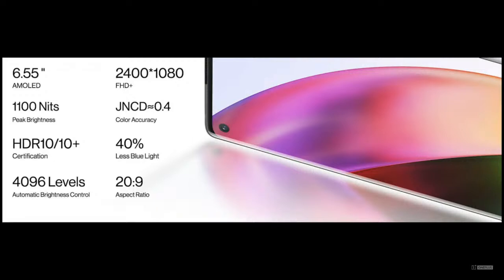We calibrated each panel for color accuracy and achieved a JNCD rating of 0.4. That's the just noticeable color difference that, if you remember, we nailed on the OnePlus 8 Pro. Like the OnePlus 8 Pro, the OnePlus 8's JNCD is also visually indistinguishable from perfect. That means that the OnePlus 8 gives you pretty much the most accurate color on any smartphone out there.